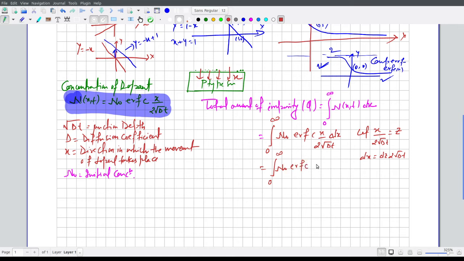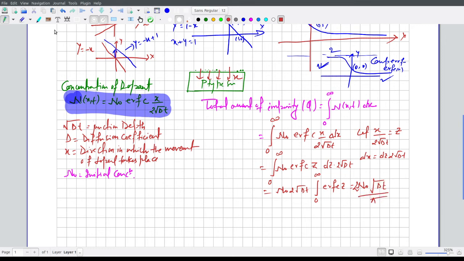So we have erfc z, and dx is dz into 2 root Dt. Now we take the constant term outside the integral: 2 root Dt, integral 0 to infinity of erfc z. If we integrate this one, what would be the answer? 1 by root pi, already discussed. So we can write this as 2 n naught root (Dt by pi).